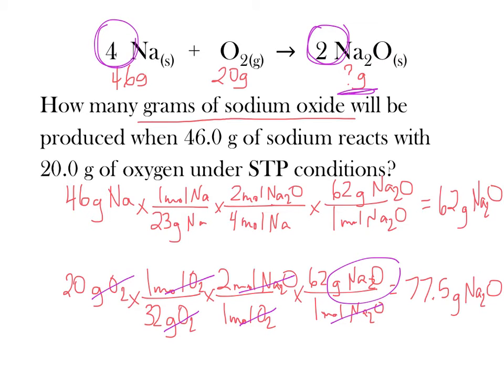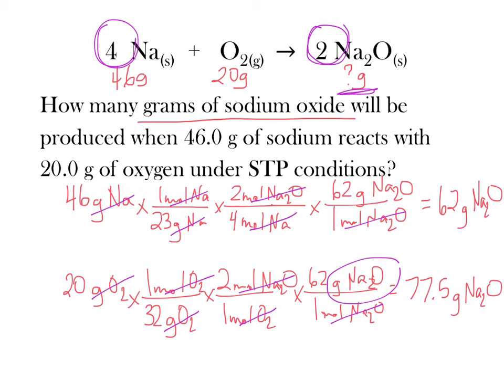So you might be noticing that we did not use 22.4 here, even though it said it's at STP conditions, because it doesn't ask anything about volume, so I didn't have to use 22.4. Even though I might be working with gases, I only need it if I'm looking for volume of gases, not mass of gases. And now I have 2 answers.